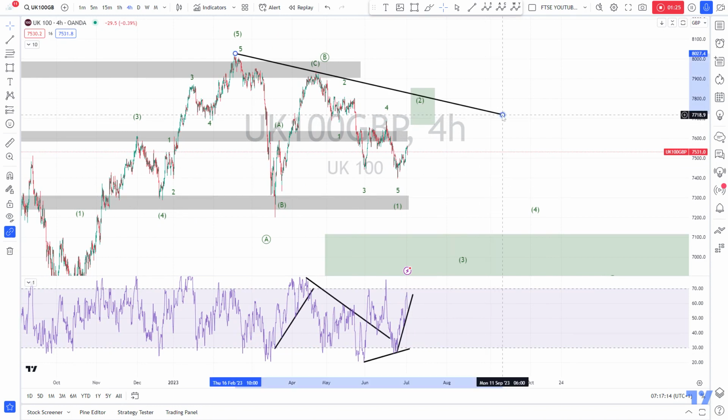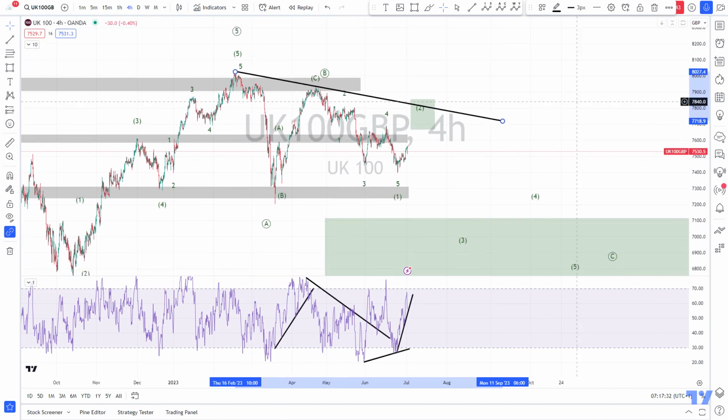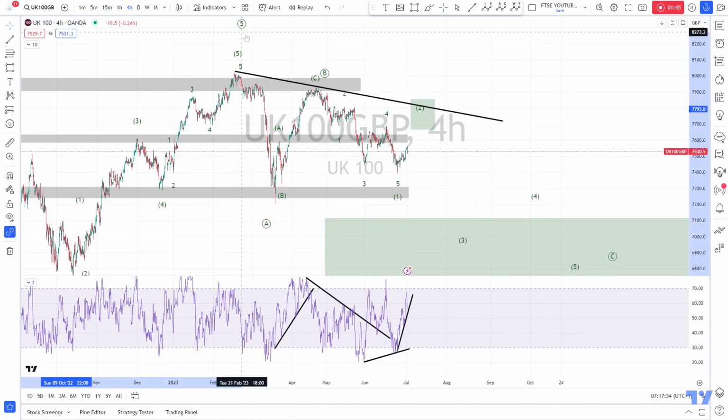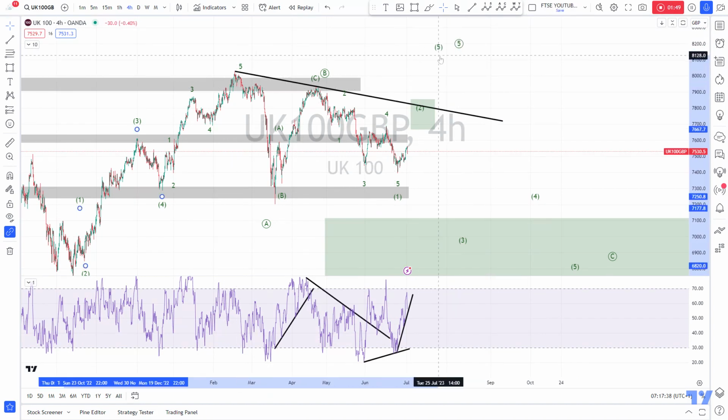As you can see, I added this trend line. This trend line might be important in the sense that my primary scenario is that the FTSE is bearish. But if we have a bullish scenario, this is the alternative scenario, then we should make one more high somewhere here.